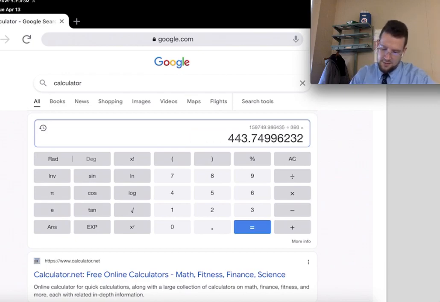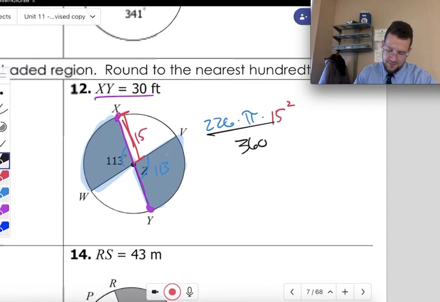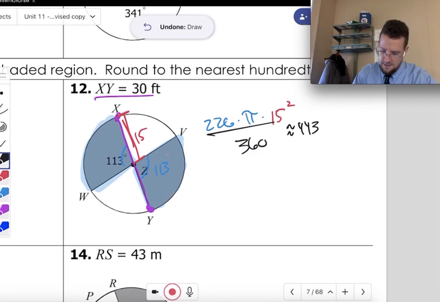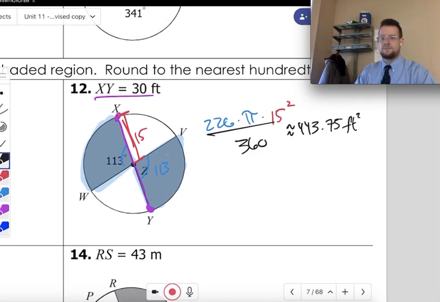And we got approximately 443.75. These are feet squared. All right, guys, this is the area of a sector.